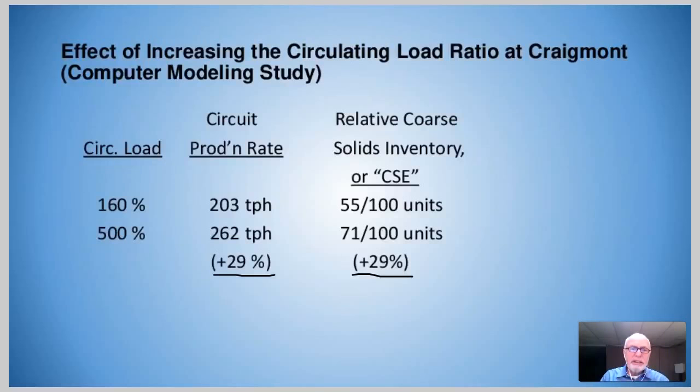So the increase in circuit production rate came about specifically as a result of increasing the effective usage of the available energy, and that was being done by manipulation of the pumps and the cyclones. So the first very important factor in maximizing CSE is to have a high circulating load ratio.